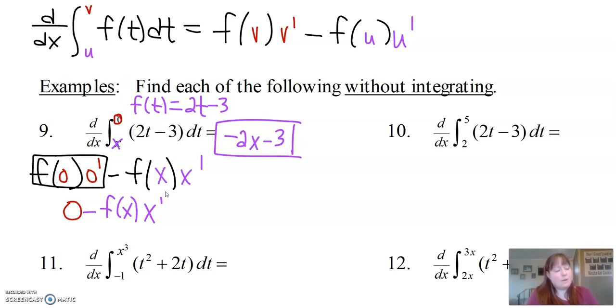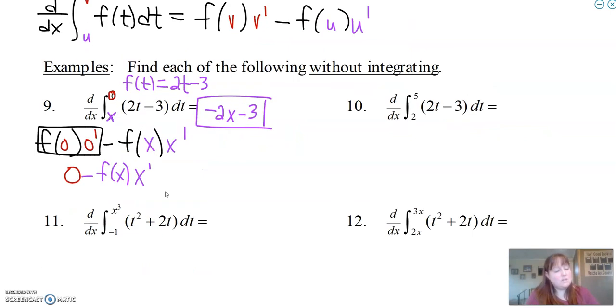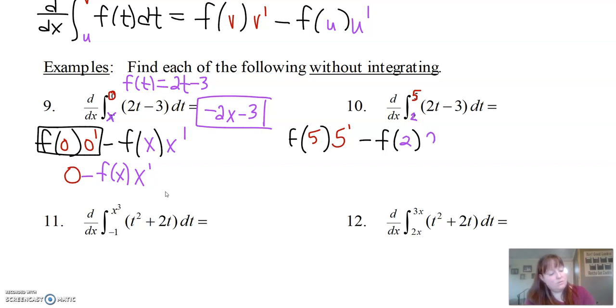So let's look at the next one. Okay, let's do this without integrating. So let's see, 5 is v, right? And 2 is u. So let's just figure this out. Okay, so f of 5 times 5 prime minus f of 2 times the derivative of 2.